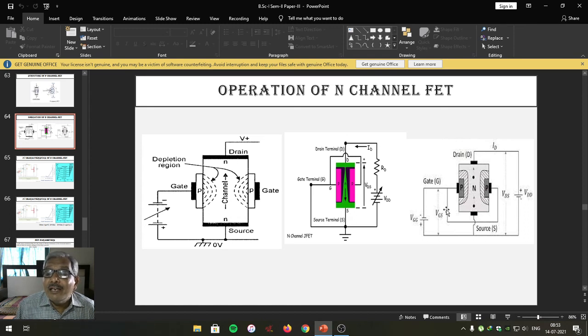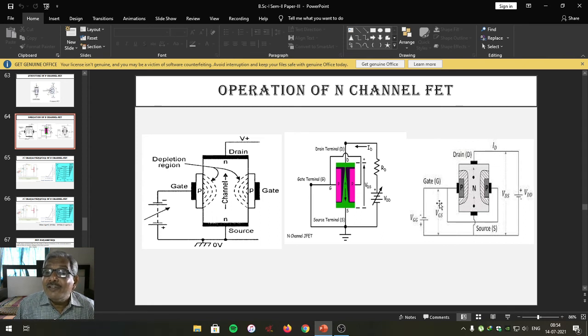Finally, at a particular voltage known as pinch off voltage provided by the VGS, both the depletion layers are going to meet each other. It will close the channel for the flow of charge carriers, that is electrons liberated from the source, which are unable to move towards the drain, hence drain current becomes 0. Thus, when VGS is 0, drain current is maximum.